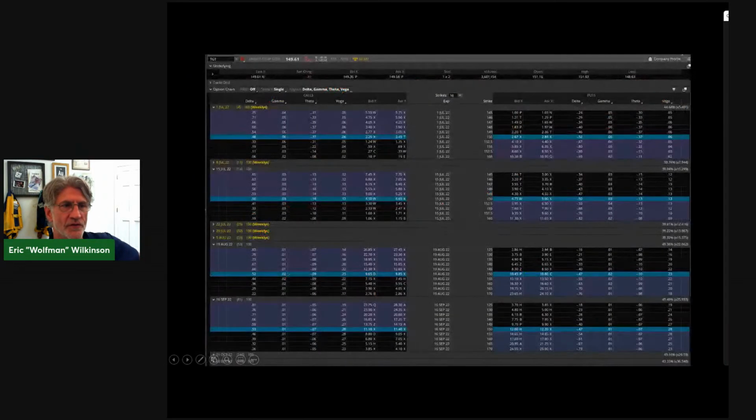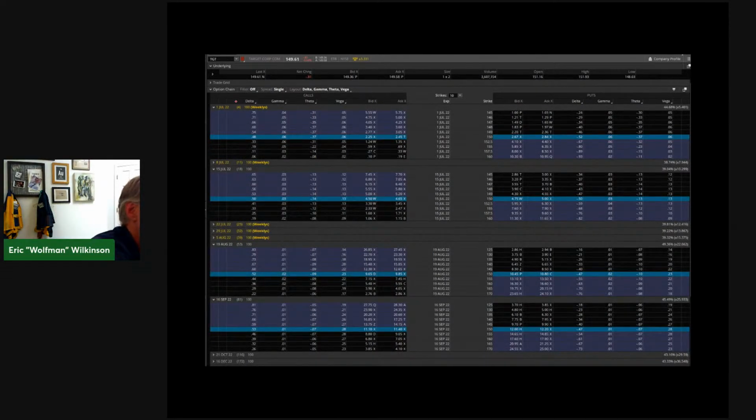All right, so let's get over to the page here again. Looking at delta for the calls, we've got calls over here and the puts over here. We've got our call gamma, theta, and vega. With delta, you can see at the money, this one's trading close to 150.